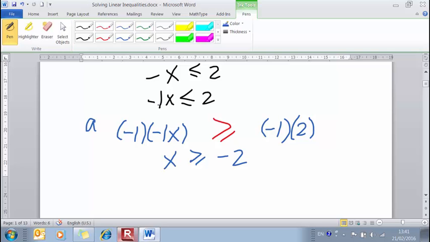Now, in order to make negative 1x a positive 1x, we will divide negative 1x by negative 1. We will start from this inequality.